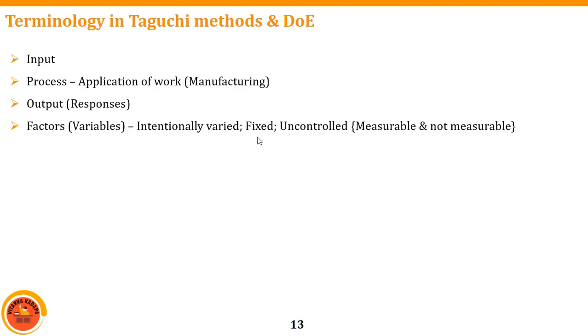Next, factors. Factors means controllable process factors which are going to be varied every time. For example, if I switch on the fan, what is the purpose of the fan? It has to give a cool breeze inside the room. So here the controllable factor will be the regulator.